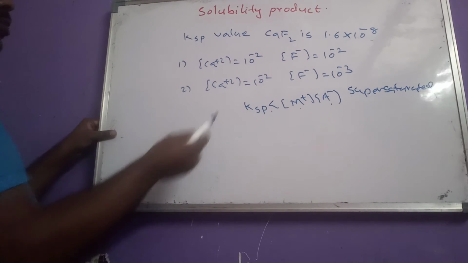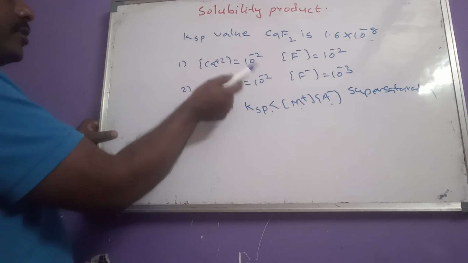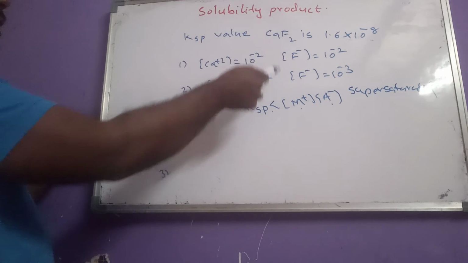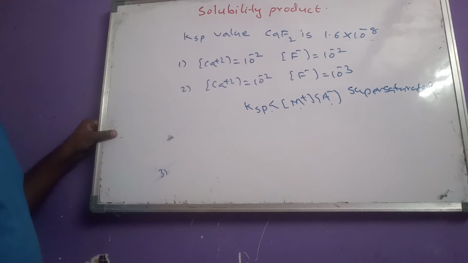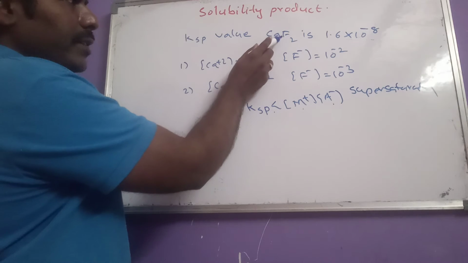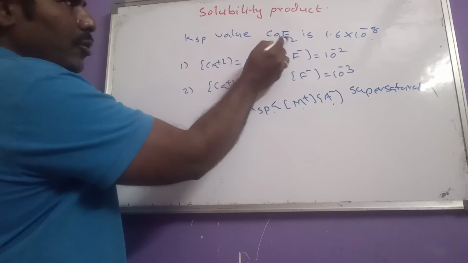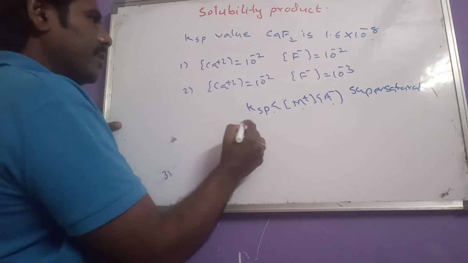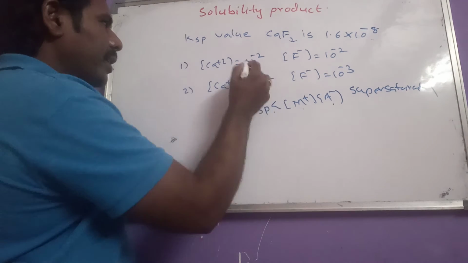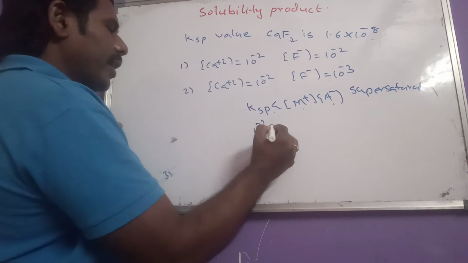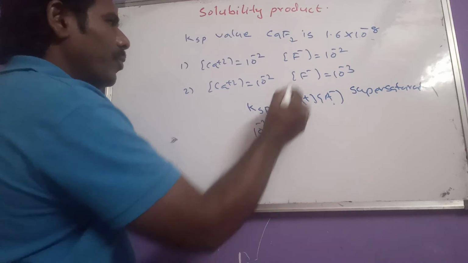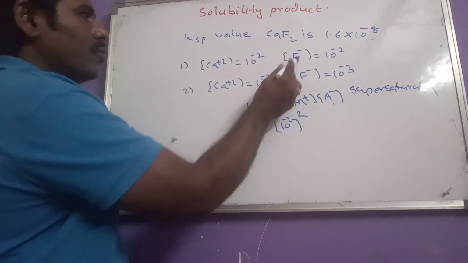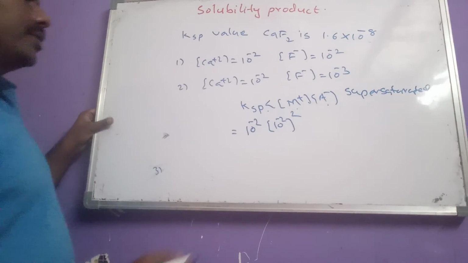So now we have to check in which of these two the KSP value is less than the product of those two concentrations. But in case of CaF2, as two fluoride ions are there, we have to do like this here. First, we have to calculate Ca plus 2, means 10 power minus 2 into 10 power minus 2 whole power 2, because 2 F minus ions are present.